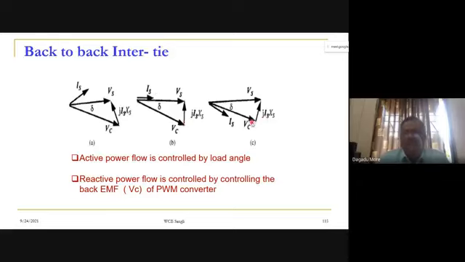Now if you reduce the magnitude of VC with respect to VS, this is the position of the I X_S drop, and now the current will be lagging. So here we can control the active power as well as the reactive power.